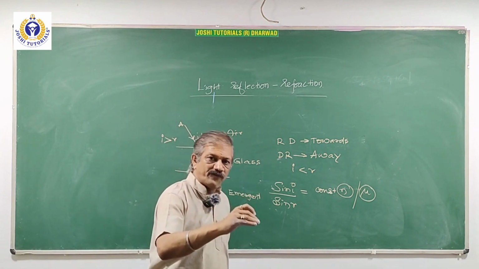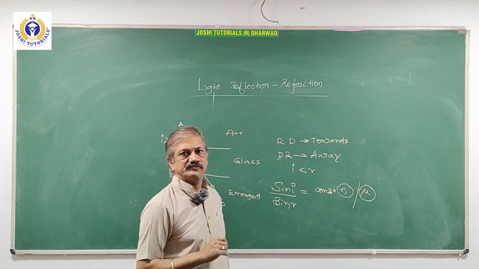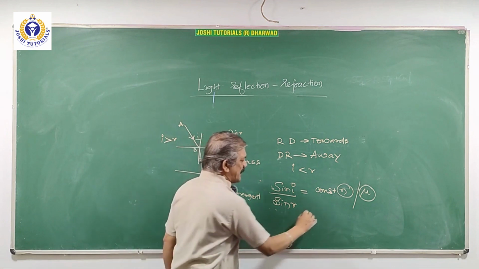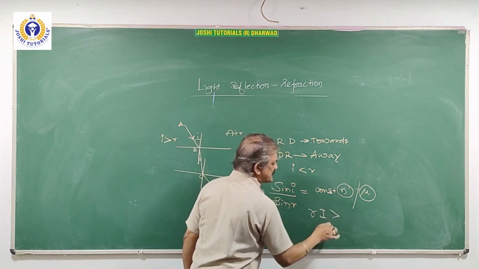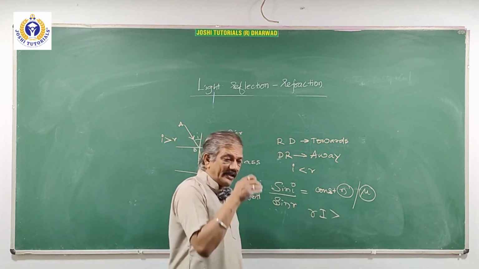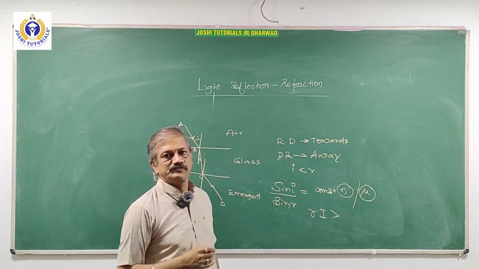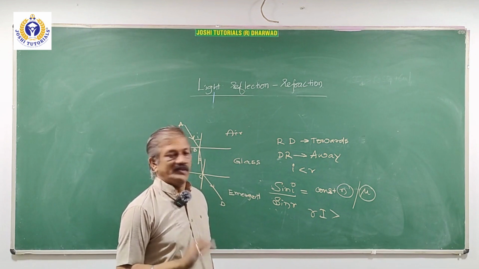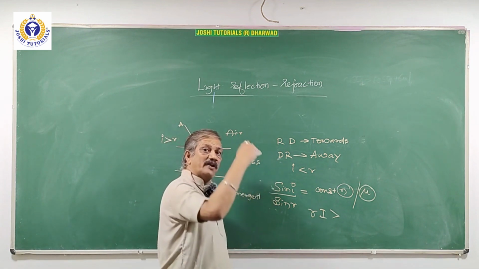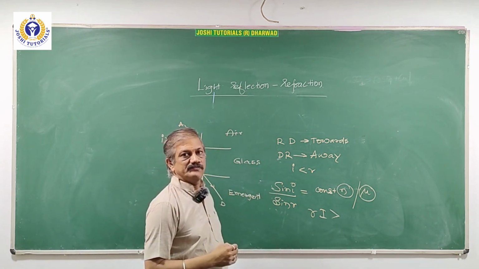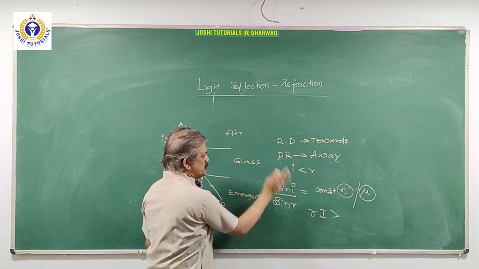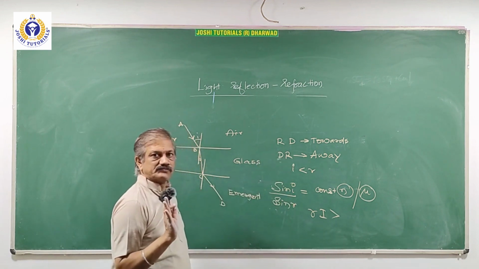Diamond, the value of refractive index is fixed. If the refractive index value is greater, bending is very near, close and slow. That is why the highest refractive index is diamond. So you must know this information.